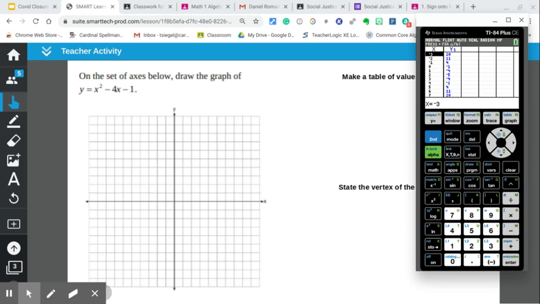The one in the middle, which is what? -2, -5, 0, -1, -1, -4, and -2, 11. Okay, and then on the other side, it does the same thing.